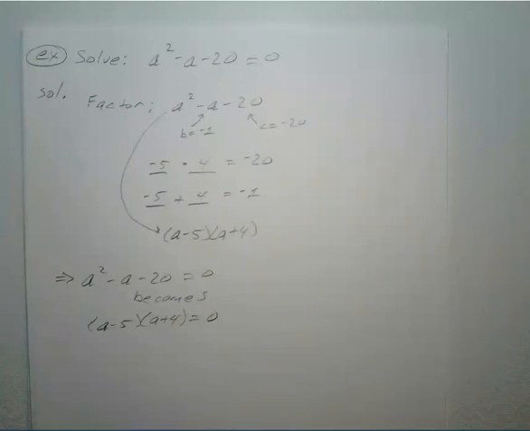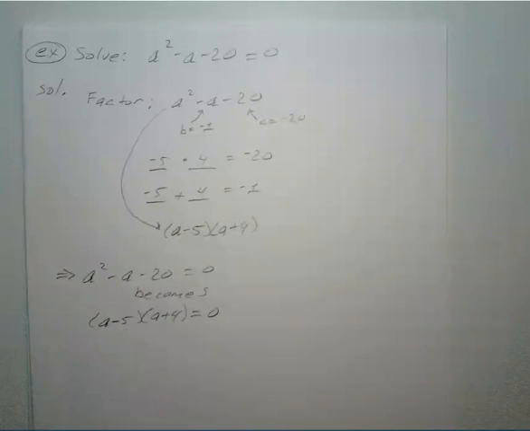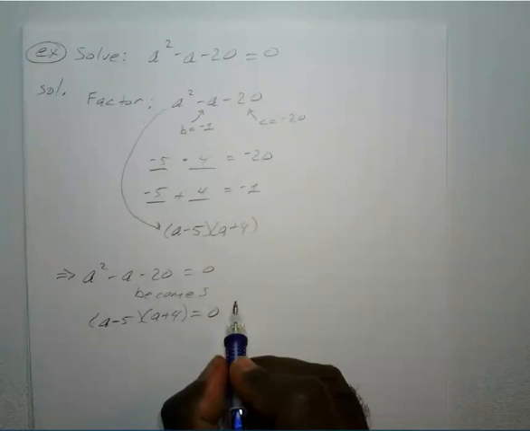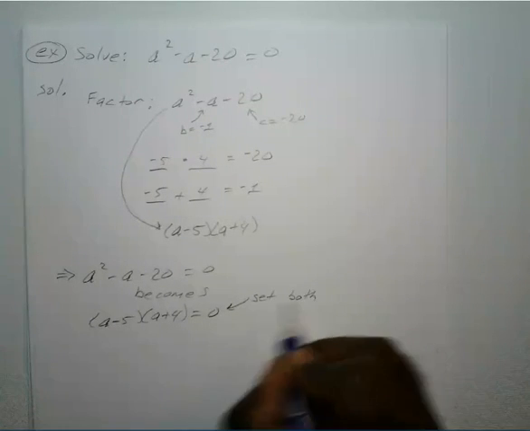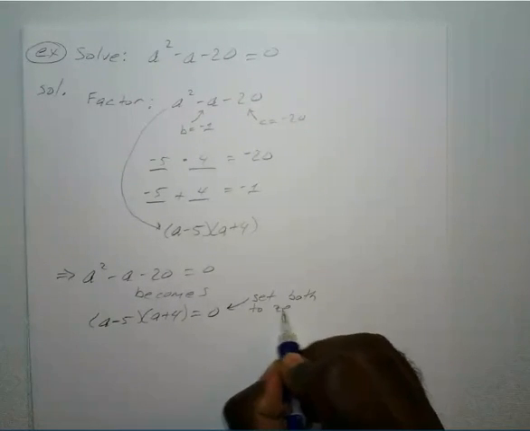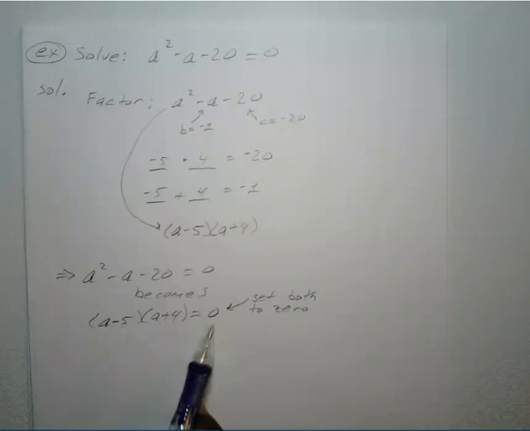Now if you notice, that looks just like our first couple of examples. So once we get it factored, we just set both of those factors equal to 0.